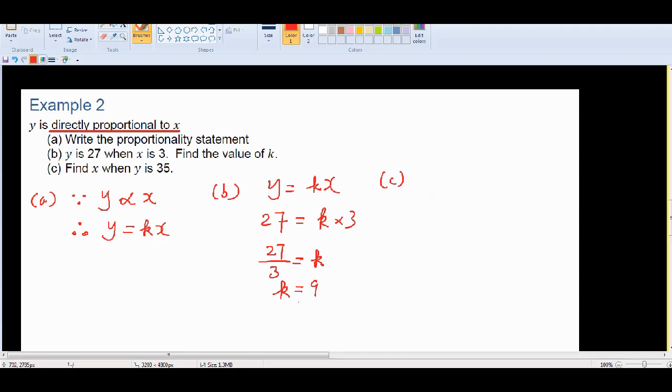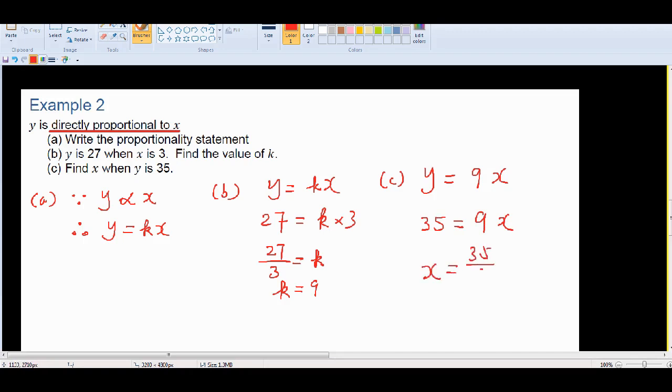Again, now since you've got k, you just put k back into the equation. Right, now y equals 9x, and we have y equals 35. Okay, and need to find x. How could we find x?